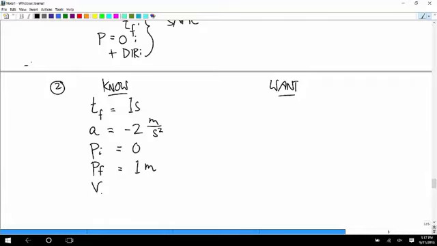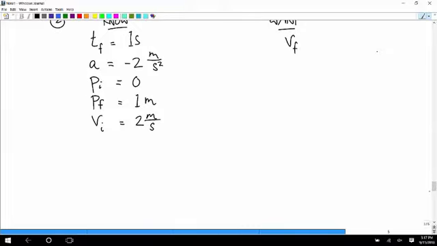The initial velocity is 2 meters per second. And we want to calculate the final velocity. Some of you could do this in your head, that's right, because you know it's 1 second.